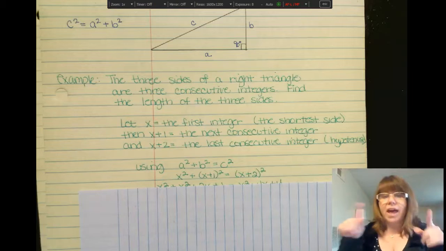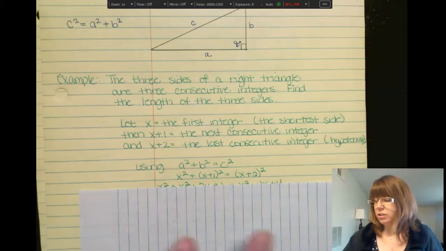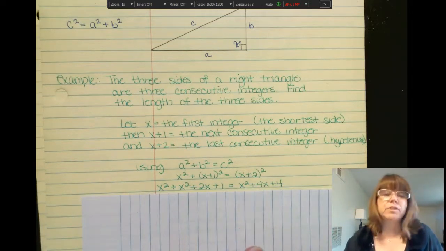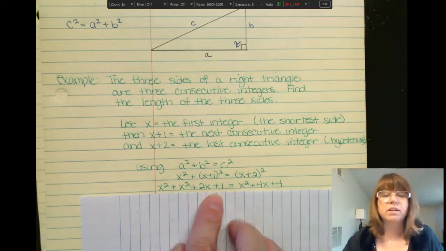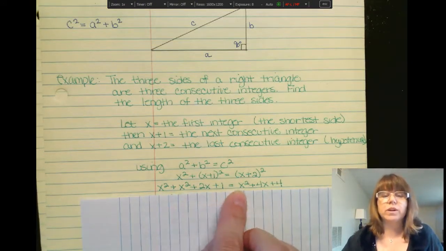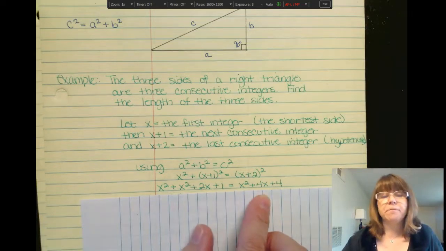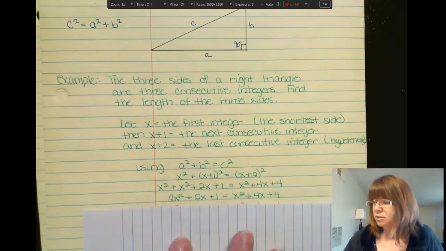I'm going to FOIL all that out and add like terms. So after we FOIL it, after we distribute and do everything we need to do for the multiplication part, we get x squared plus 2x plus 1 equals x squared plus 4x plus 4. I'm going to combine like terms as best as I can.